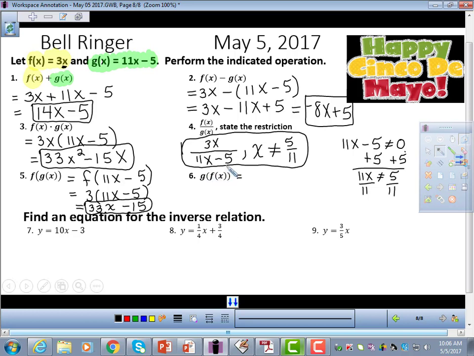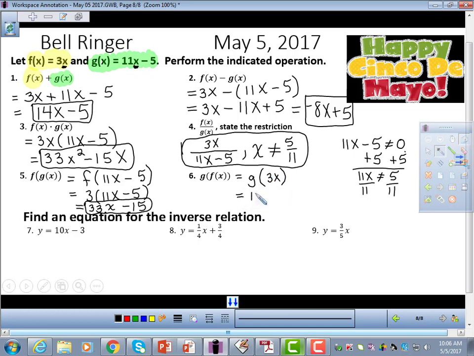Inside first on the f of x, what are we plugging in for f of x? Substitute in 3x. Now, on the g function, do you see where the x is? It's 11 times x minus 5. So instead of 11 times x, we're going to take the x out and substitute in 3x.